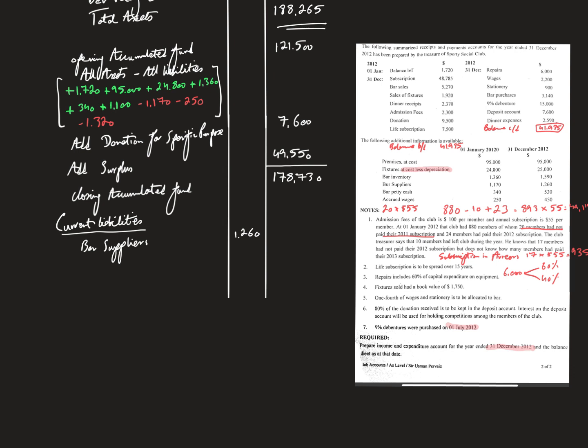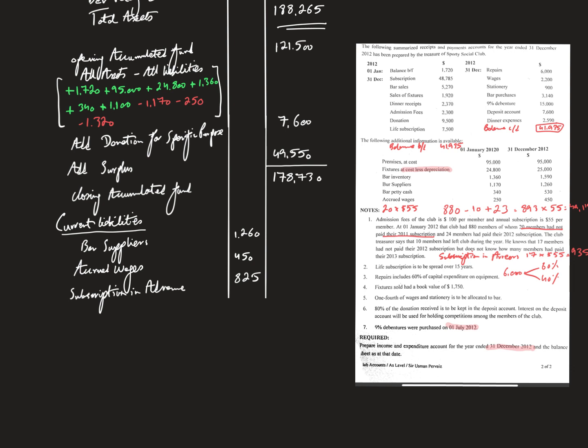Then accrued wages, expense that is yet to be paid, is my current liability. Then subscription in advance. कितना? क्लोजिंग वैल्यू कितनी निकाली थी हमने सब्सक्रिप्शन अकाउंट? 825. वो हमने सब्सक्रिप्शन अकाउंट बनाया था पूरा, उसमें क्लोजिंग वैल्यू निकाली थी.